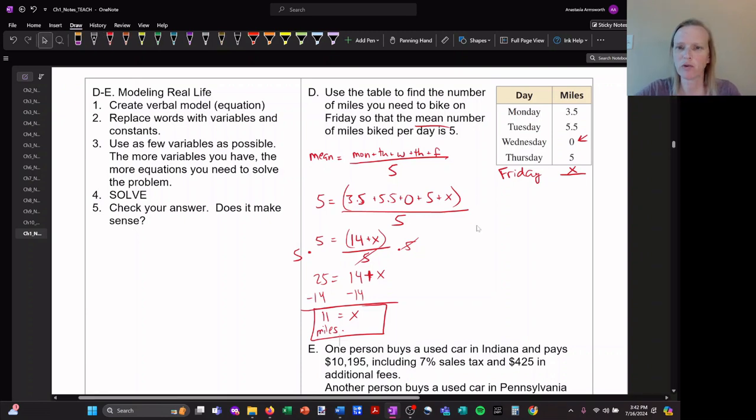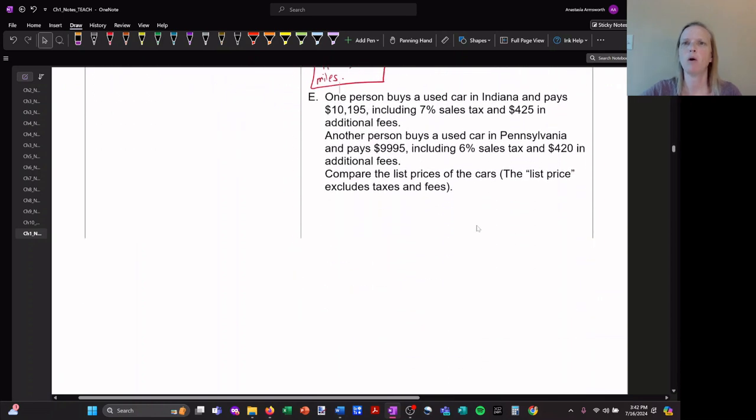Let's do another real world example. One person buys a used car in Indiana and pays $10,195, including 7% sales tax and $425 in fees. Another person buys a car in Pennsylvania, pays $9,995, including 6% sales tax and $420 in fees. Compare the list prices of the cars. The list price is without taxes, without fees.